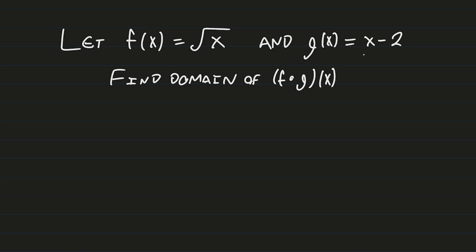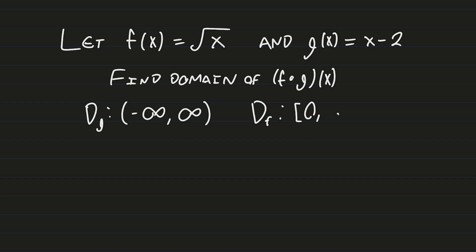Well, if you look at g, you can plug in anything for x. So our domain of g, I'll put like sub g, is from negative infinity to infinity. It's all real numbers. Now our domain of f looks like, for the square root of x, it has to be greater than or equal to 0. So our domain of f is 0 to infinity with 0 included.